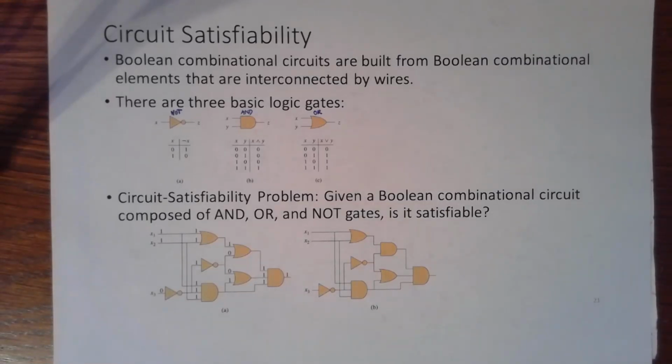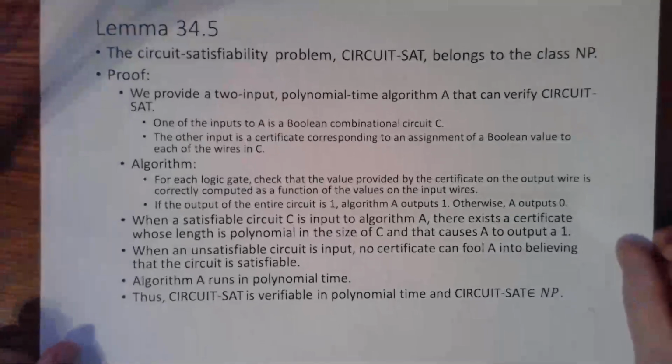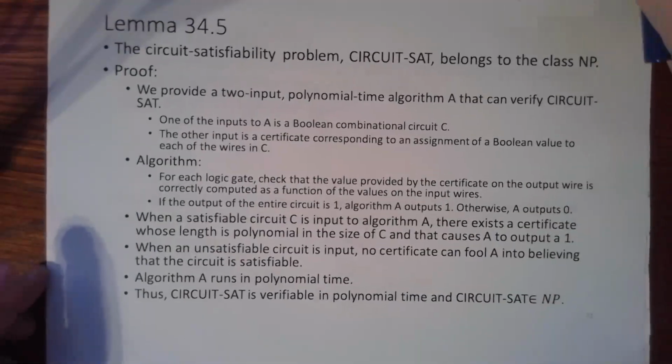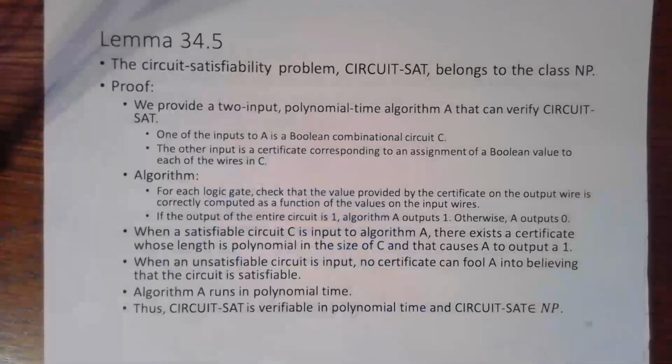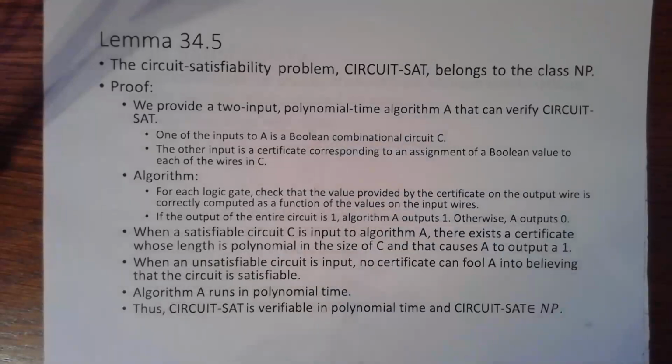Okay, so that is the problem that we want to show is NP complete. Recall, we have to show two things. First of all, we need to show that it's in NP. That is the purpose of Lemma 34.5, that the circuit satisfiability problem, which we'll call circuit sat, belongs to the class NP.